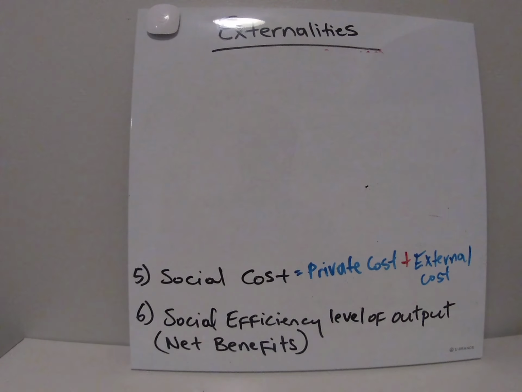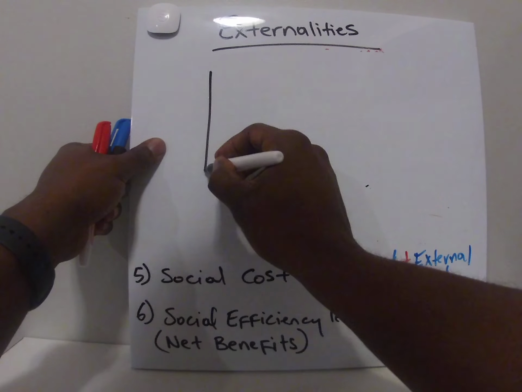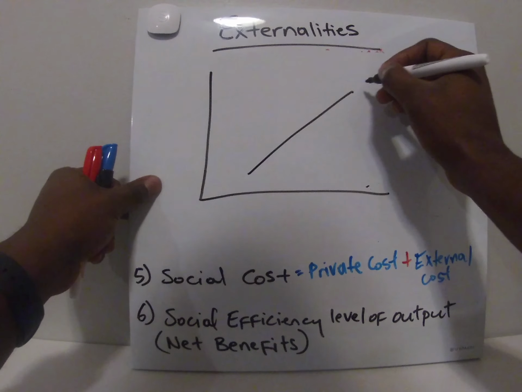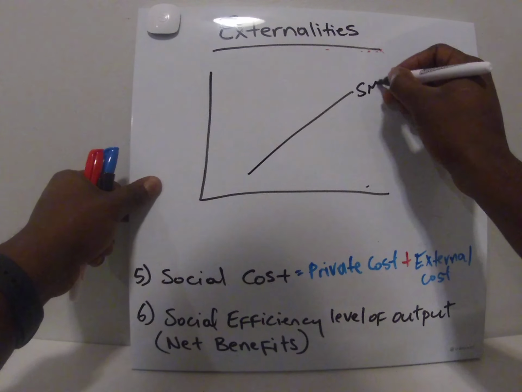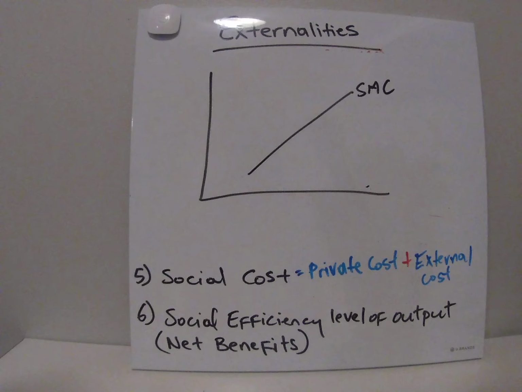In this case, social cost has to do with the production aspect of things. So you're thinking from a producer's perspective, which would be presented with a supply curve instead, right? So now our curve looks like this. SMC, our social marginal cost curve.